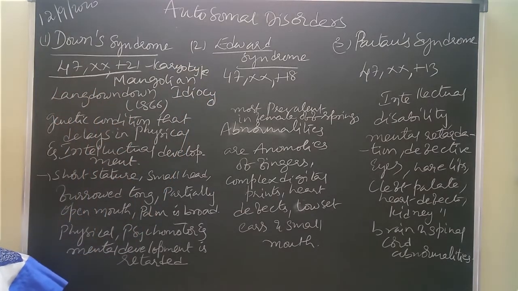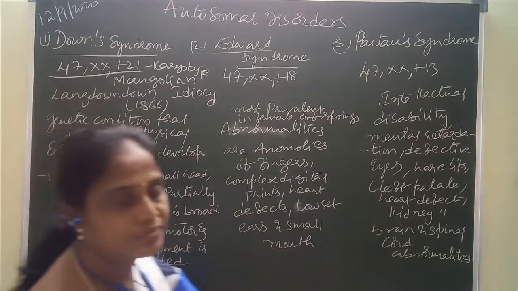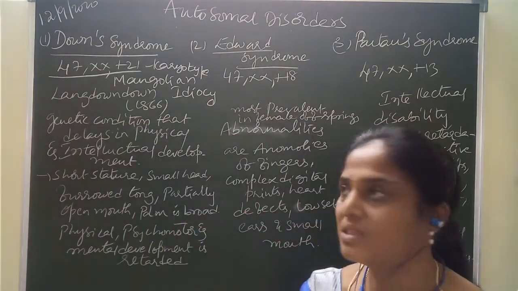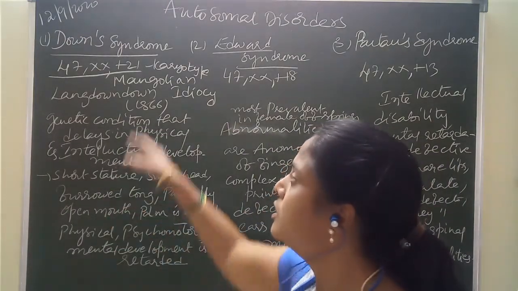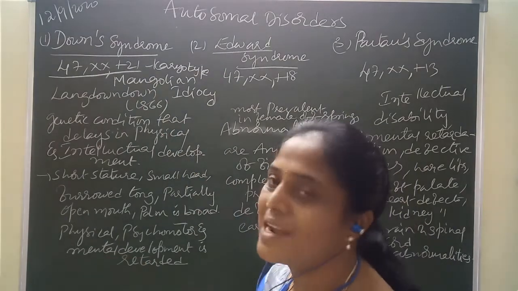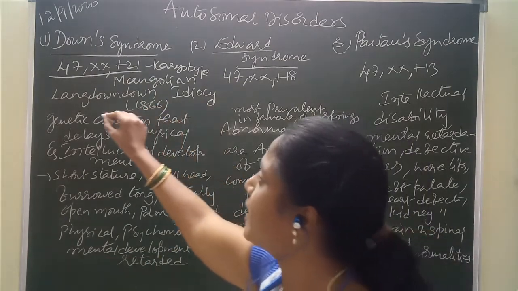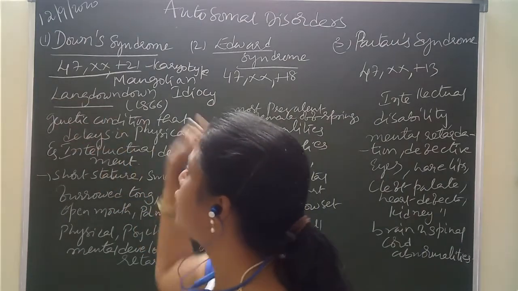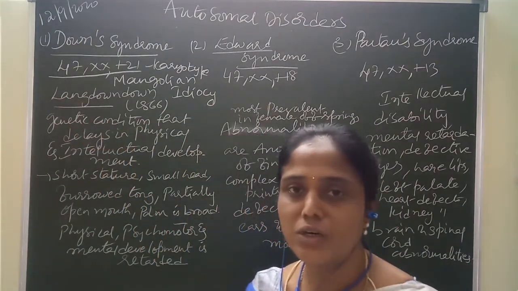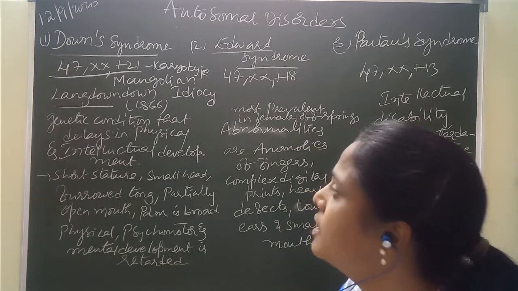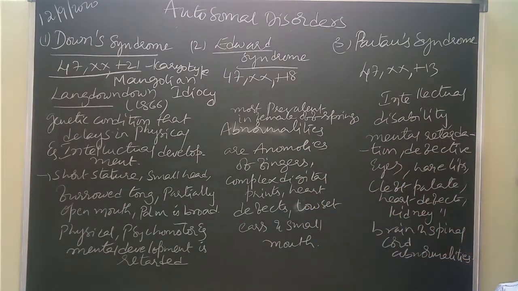That means an extra copy of genetic material or a chromosome is added to the 21st set, which we call trisomy of the 21st chromosome. It was identified by Langdon Down in the year 1866.